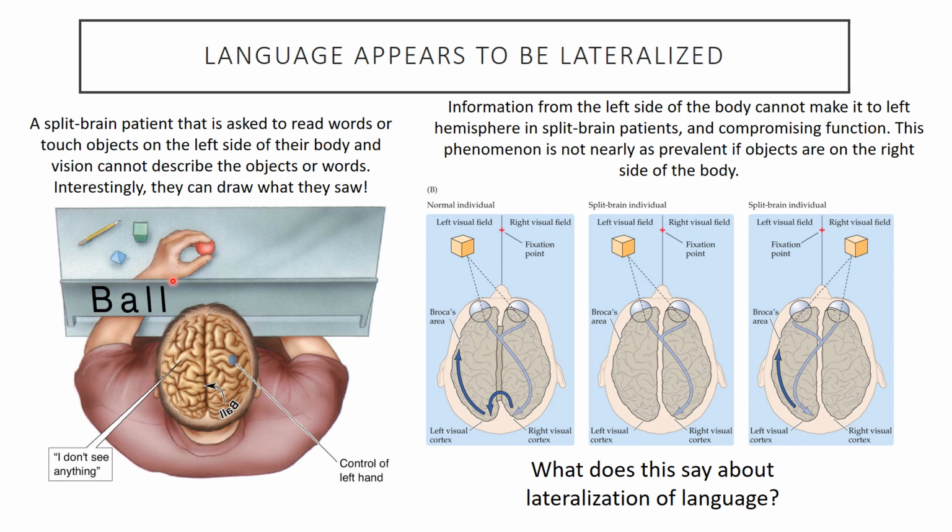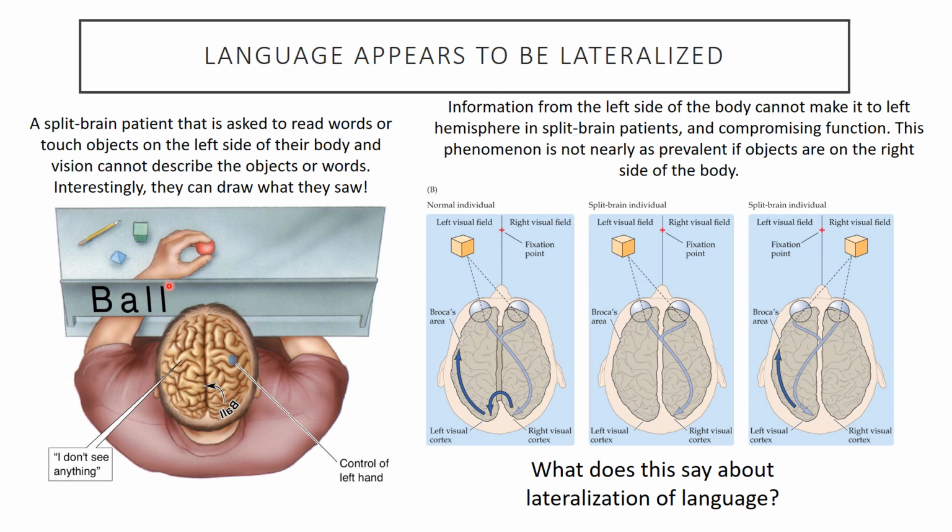So a split brain patient is put in front of an experimental setup like this, with some objects in front of this individual: a red ball, a green cube, a blue pyramid, and also a word here, said ball. So the word appears, and then he's got to pick up the ball or something like that. That would be the case if he could perceive these things.